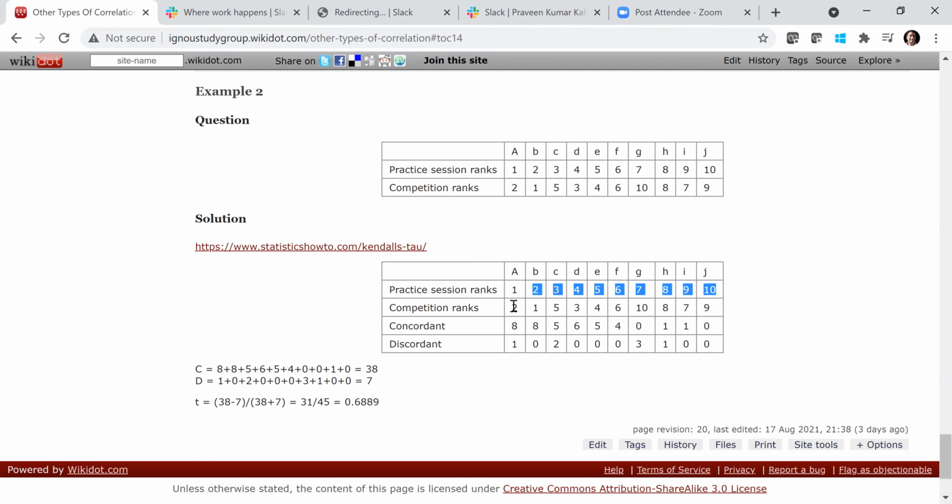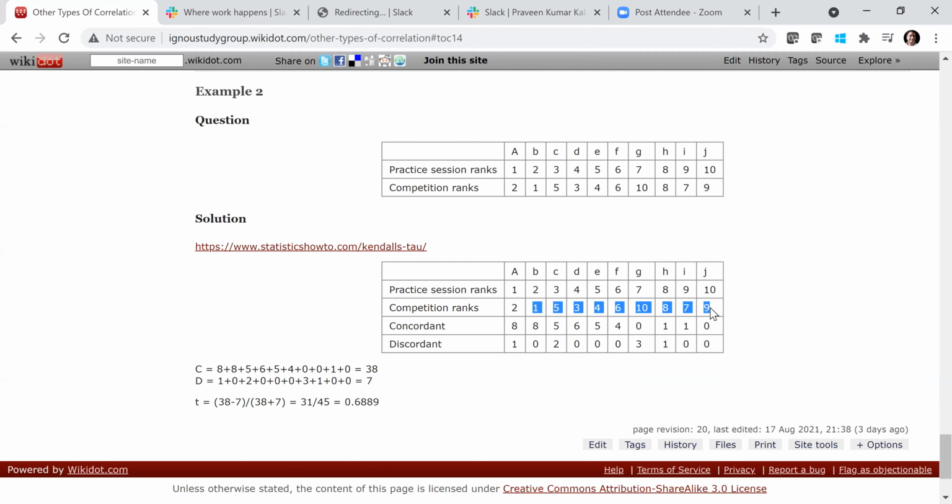So now I take A, and I have 2 as the rank. Now I check in the rest of the students how many students got a rank better than A, and how many students got a rank lesser than A.